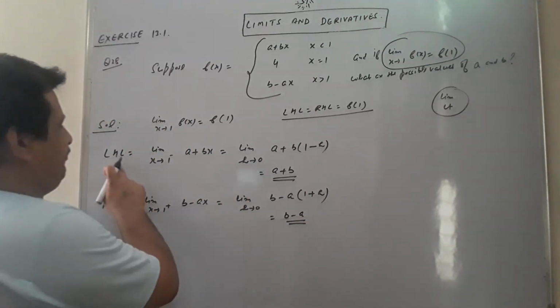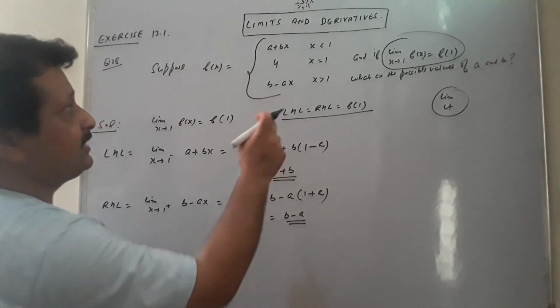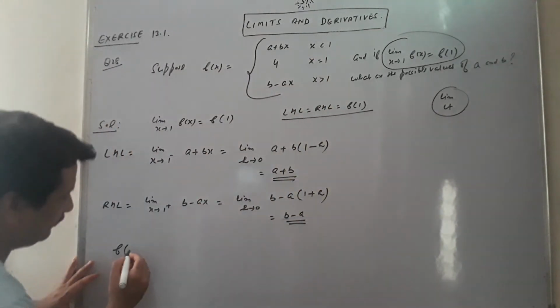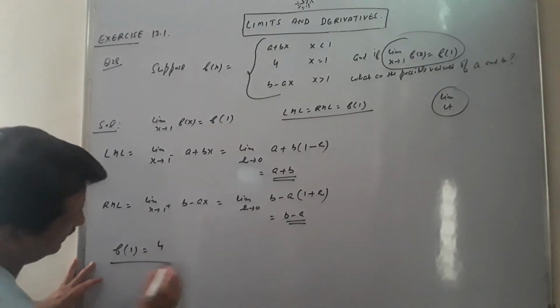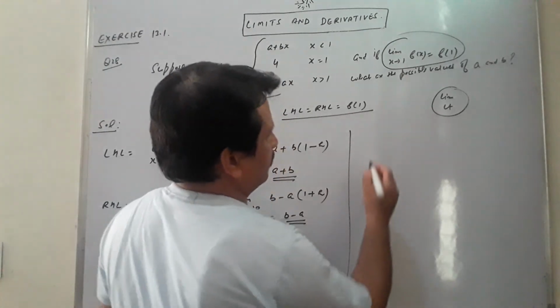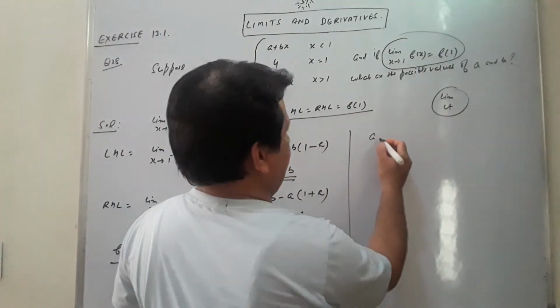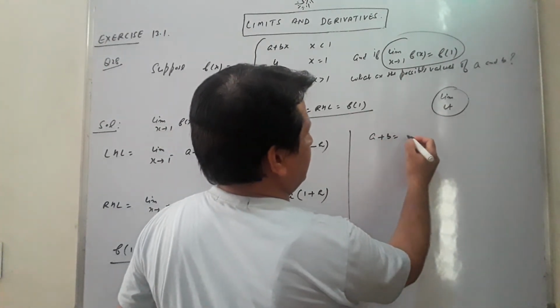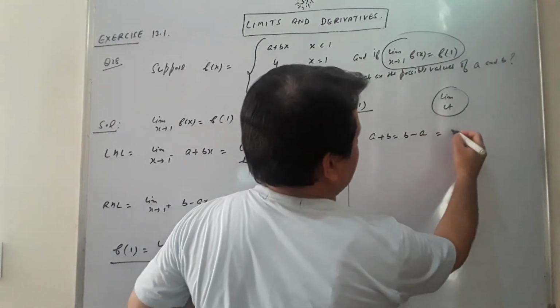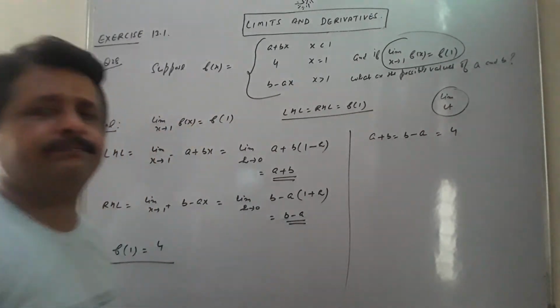This is left hand limit a plus b, this is b minus a, and f of 1 is already given as equal to 4. So what we are saying now, this is a plus b, that is equal to b minus a, and that is equal to 4 then, students.